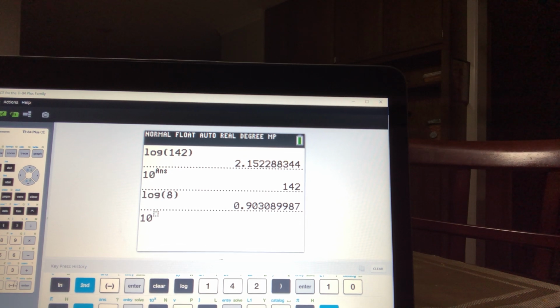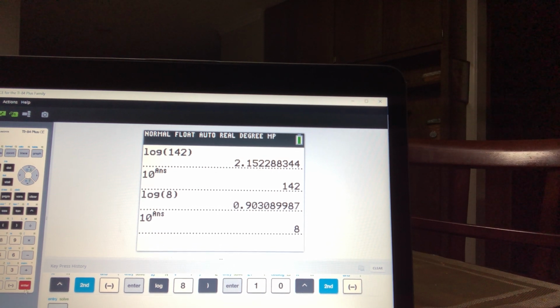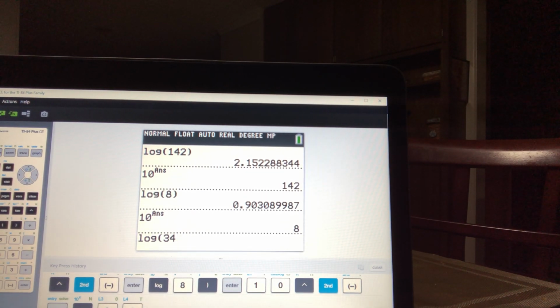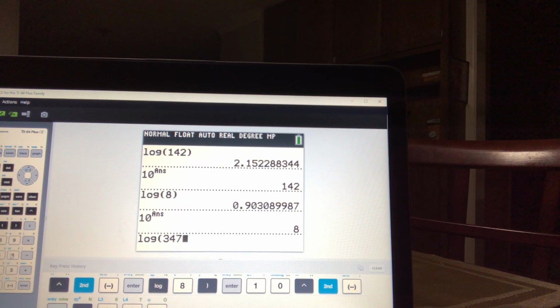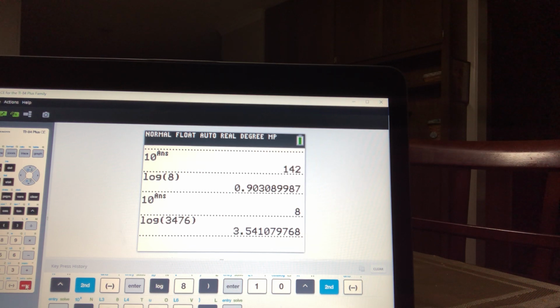So put in answer, and you would get 8, the original number. And the last one in this section says find the log of 3,476. And you will find that to be this number.